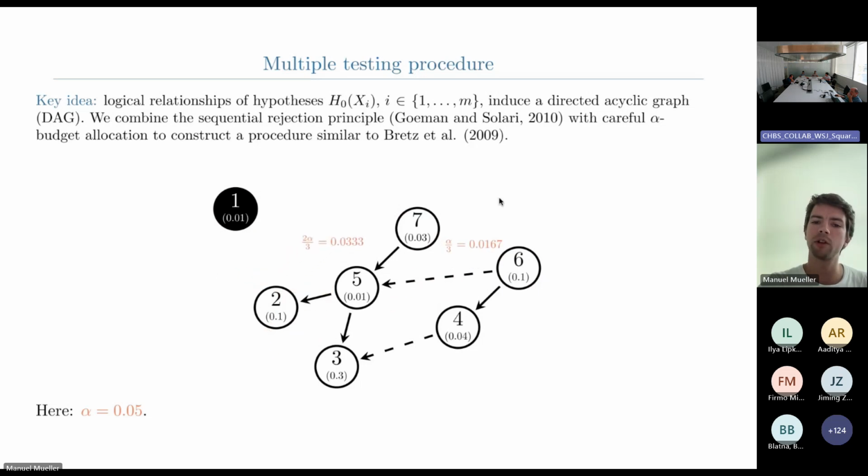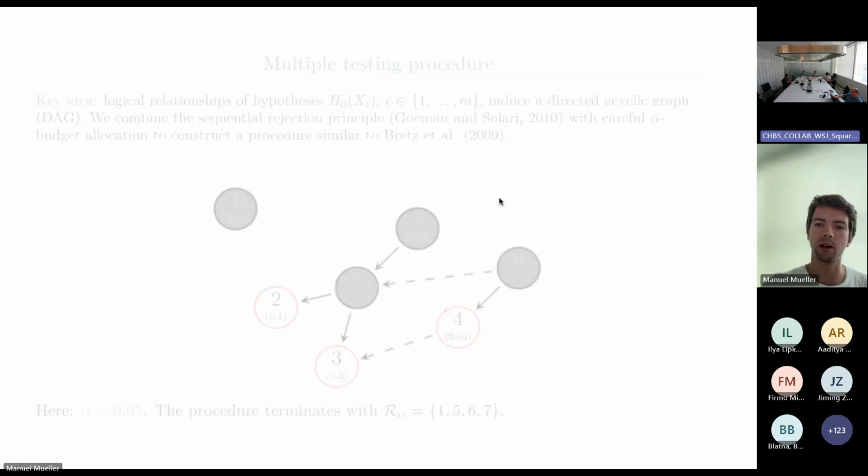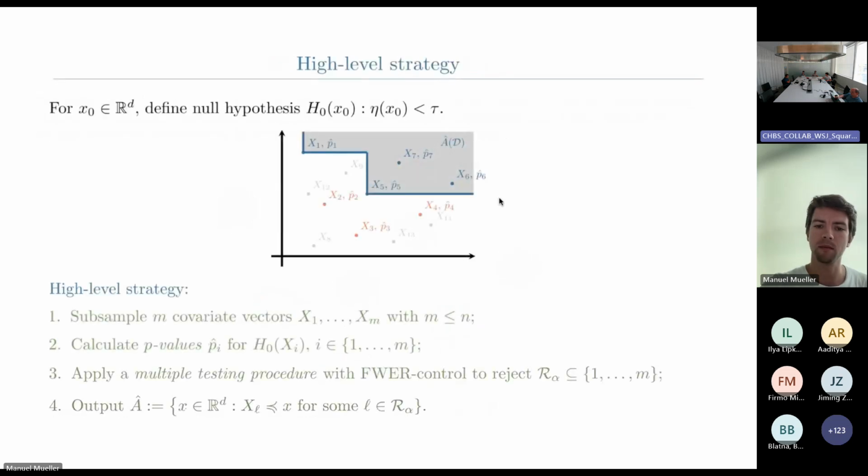Each time we make a rejection, we get to recycle some of the alpha budget. And we do so in such a way that we start in the upper right corner and move further and further down to the lower left, where it will be harder and harder to make rejections. So this is how the procedure works.